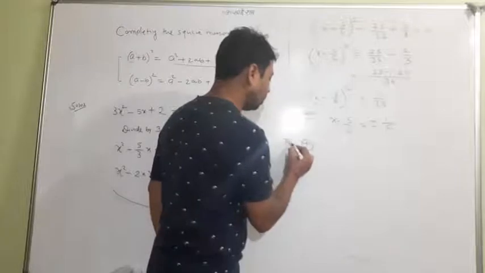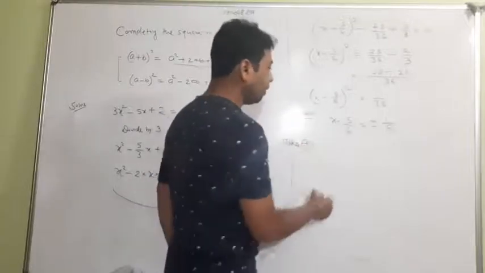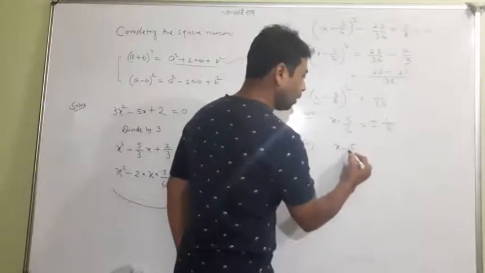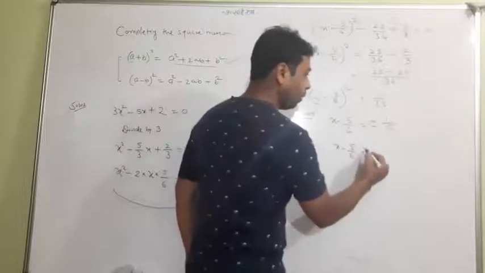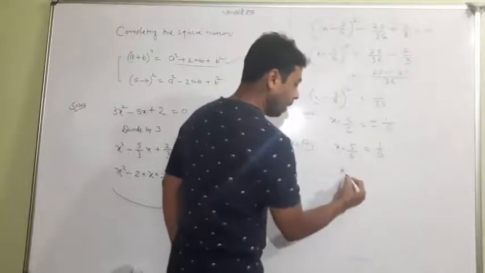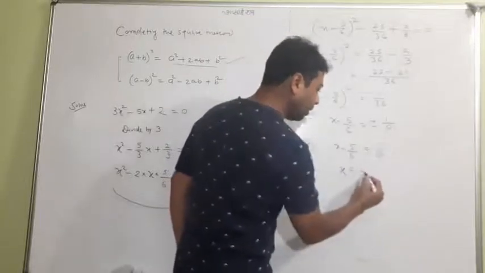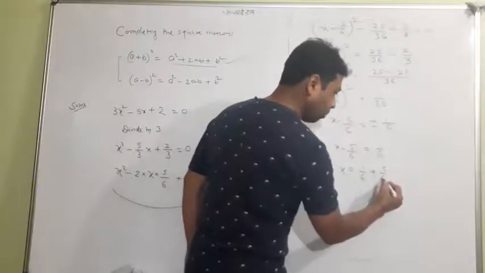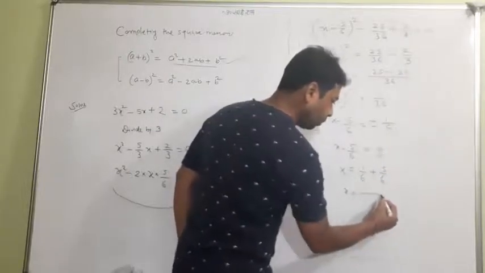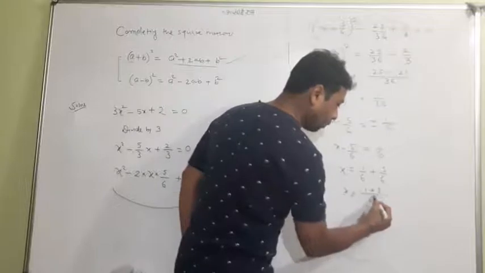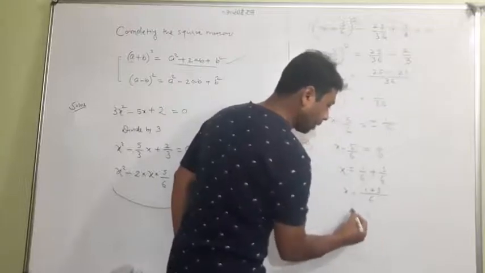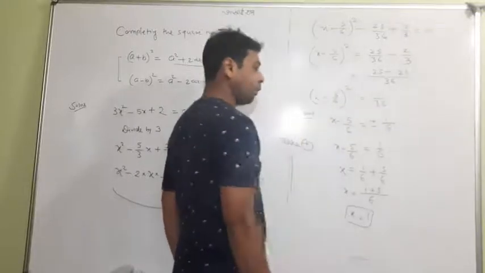Taking the plus sign, x minus 5 by 6 will be plus 1 by 6, and transfer 5 by 6 to the other side. 1 by 6 plus 5 by 6. So the answer will be 6 by 6. Answer will be 1. That's very simple.